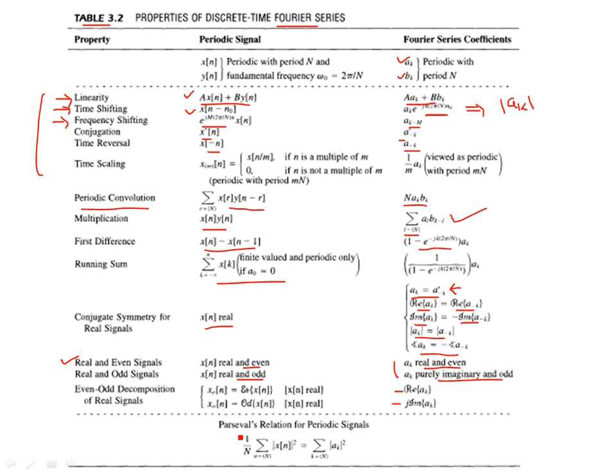So then finally, the Parseval relation for periodic signals relates the energy content of the sequence in one period. Period is capital N. So if x of n is periodic, then how much energy is there in one period can be expressed in terms of the Fourier coefficients, because the Fourier coefficients are the harmonics of the Fourier series.